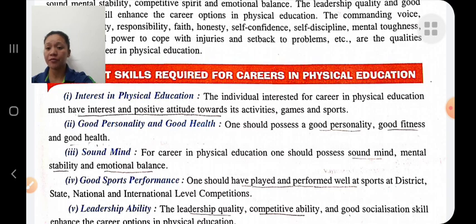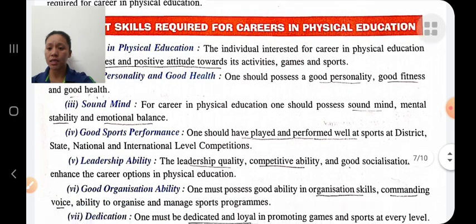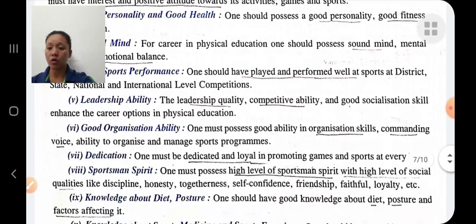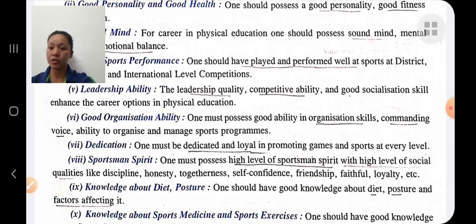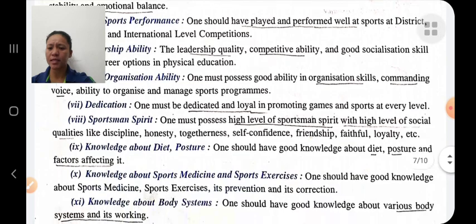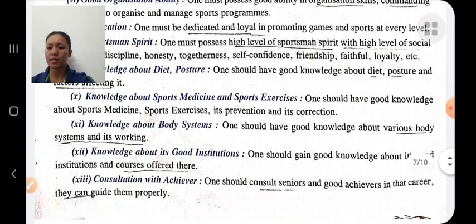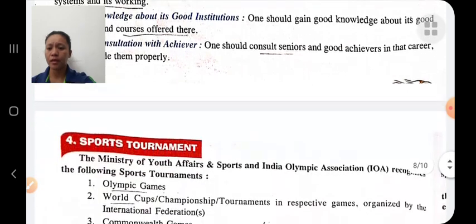You should be healthy, fit, sound mind, with sports performance, leadership ability, good organization skill, dedication toward the sports, sportsmanship spirit, knowledge about diet, posture, exercise, sports medicine, sports exercise, knowledge about good institutions, knowledge about your body systems, how your body functions, etc.